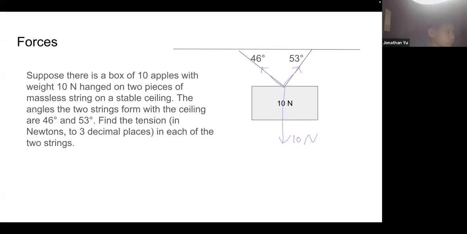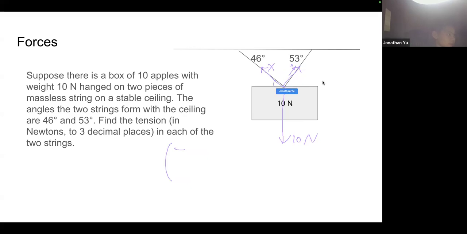Okay, if you had a chance to think about it, let this vector have magnitude x and this vector have magnitude y. So x is the magnitude of this one, and y is the magnitude of this one. This vector is going to have a negative horizontal component since it's pointing left.